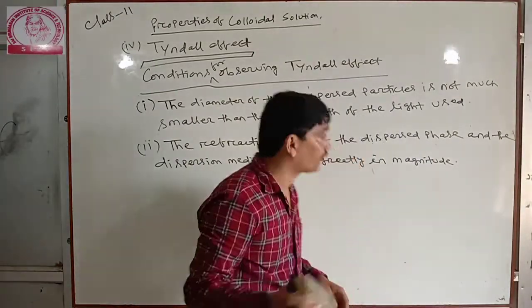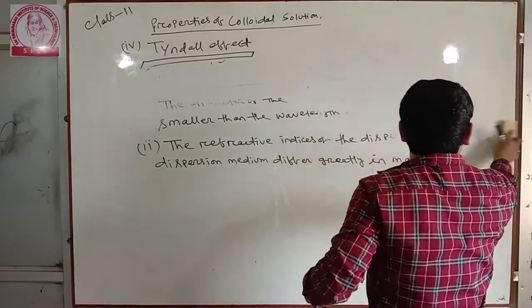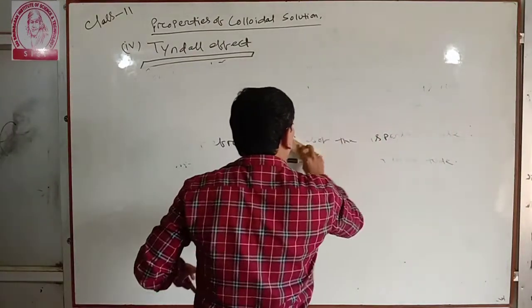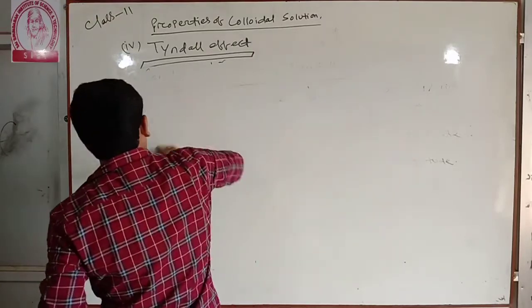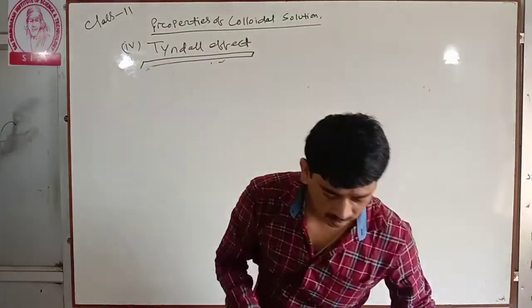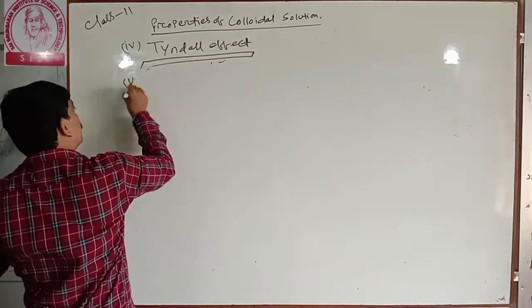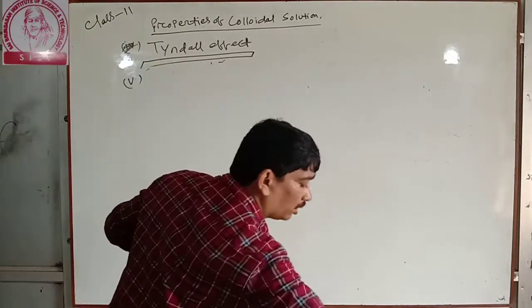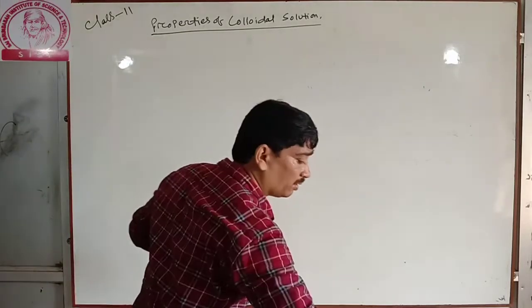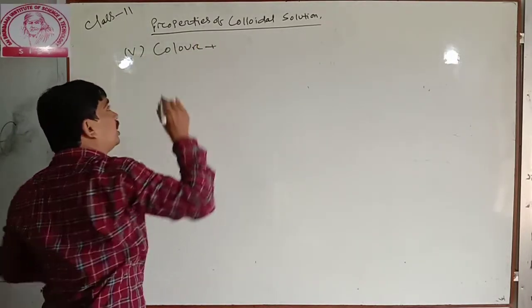Next is the fourth point, color. The property is color, and it is very important.